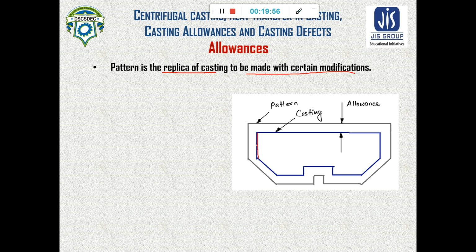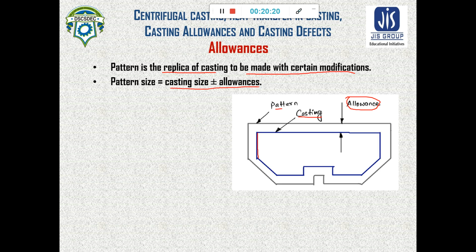Our required product is this casting, this blue line product. Now the pattern is somewhat bigger than the casting, and the difference between pattern and casting is known as allowance. So we can write pattern size is equal to casting size plus or minus allowances.